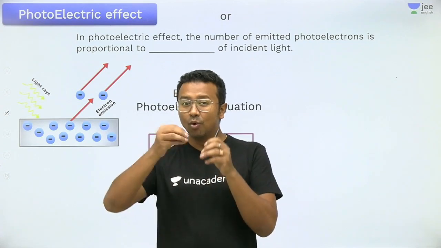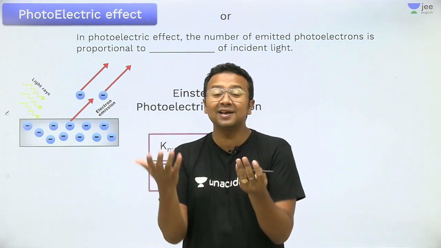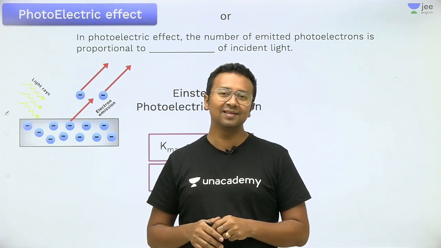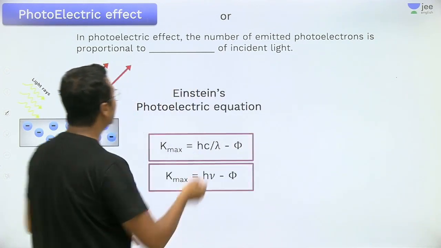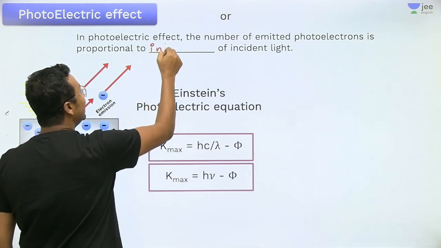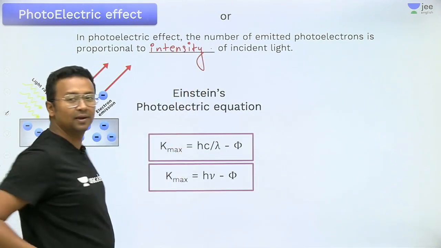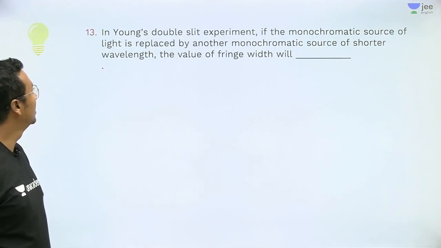So more photons means greater intensity of the incident light, and more photoelectrons will be emitted from the surface. So here the answer is intensity. That is your answer. Let's move ahead to the next question.